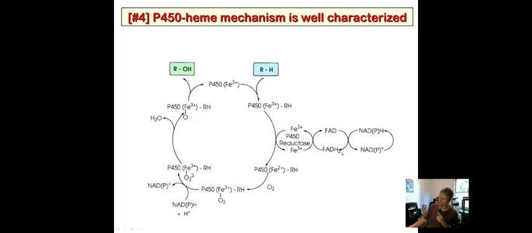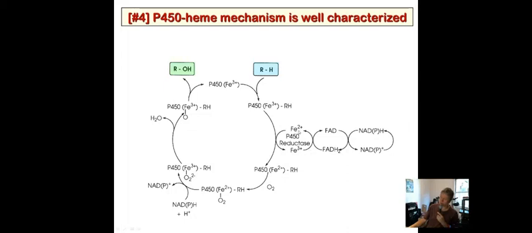And then FADH2 is going to turn over in this direction. FADH2 is a reducing agent, and it's going to reduce iron 3+ in the P450 reductase, which is a different enzyme, from iron 3+ to iron 2+.